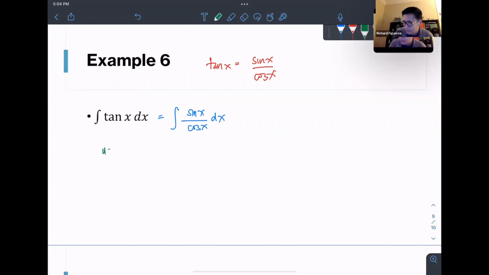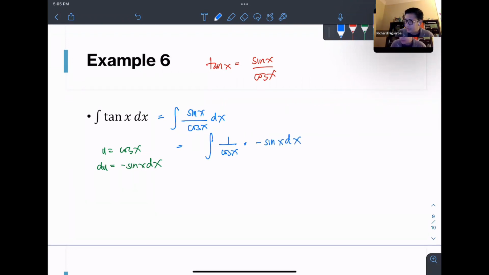Then we let u to be cosine x. So its derivative is negative sine x dx. So kamukha nung kanina. So we'll have 1 over u, so 1 over cosine x. So matitira, du, it's negative sine x dx. So it's different with the original integrand. So we multiply it with negative 1 or neutralize it. Neutralizing factor is negative 1.